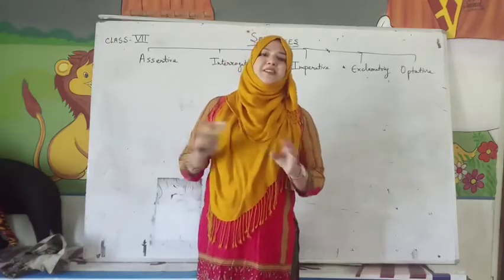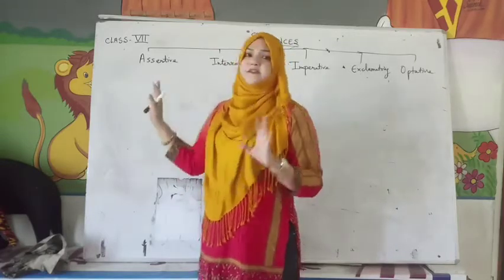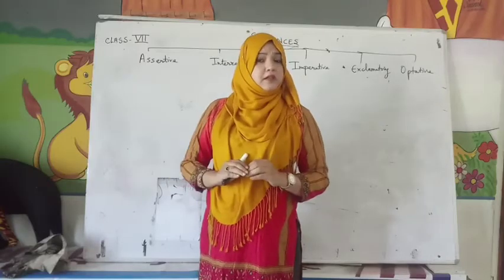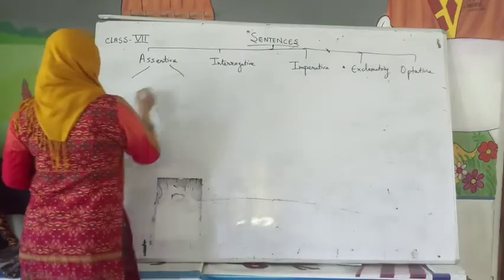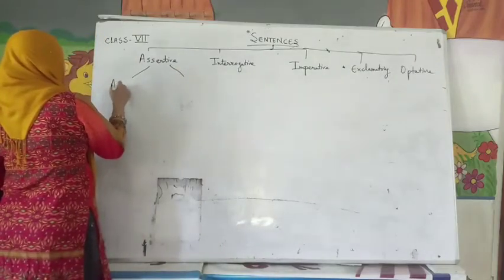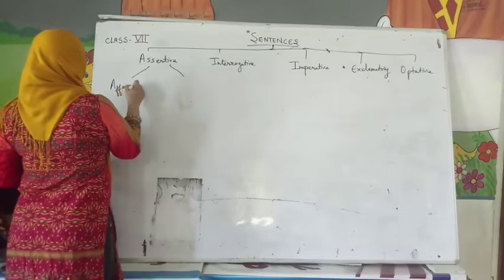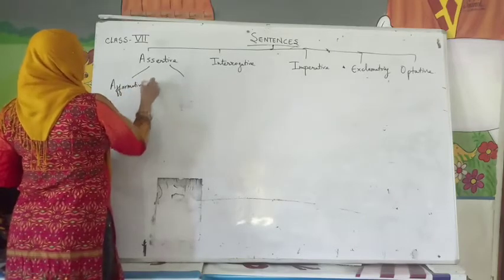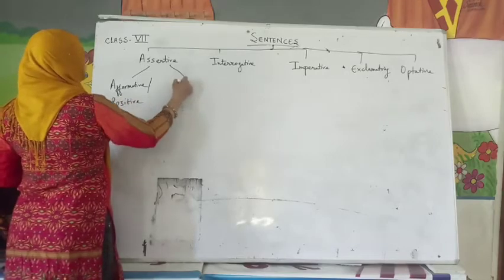So these simple sentences are called assertive sentences. Now assertive sentences are of 2 kinds. One is affirmative sentence or positive sentence, and the other is negative.